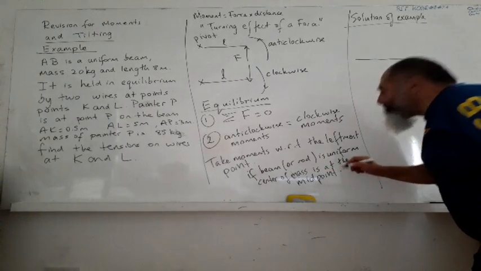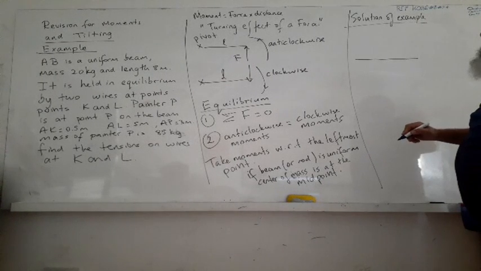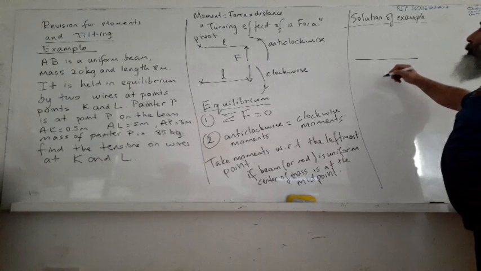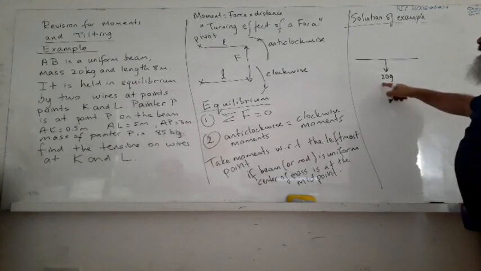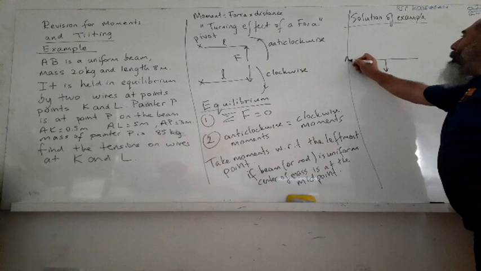So we have beam AB here, its mass is 20 kilograms, so its weight is at the midpoint, pointing downwards, and weight is 20 G. This is point A, this is point B.